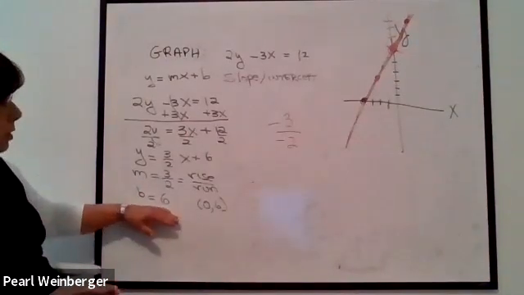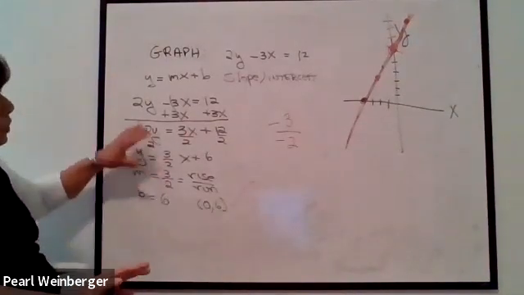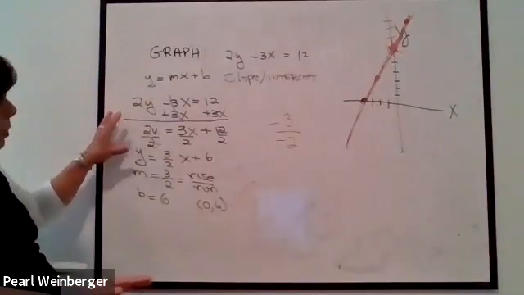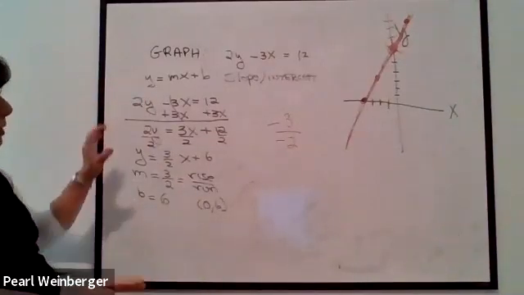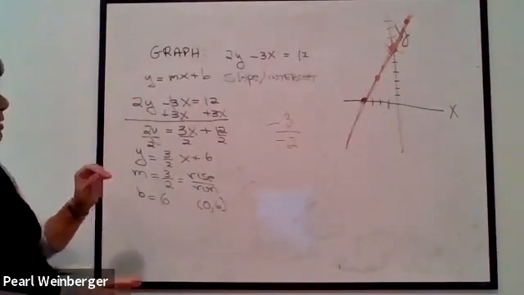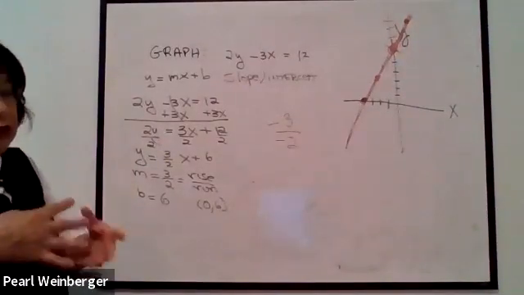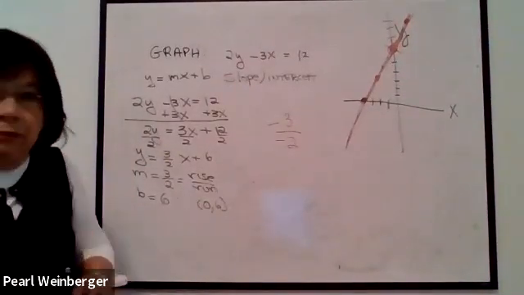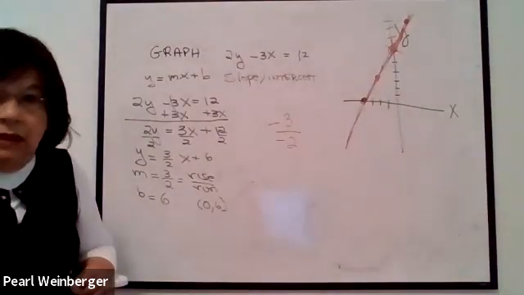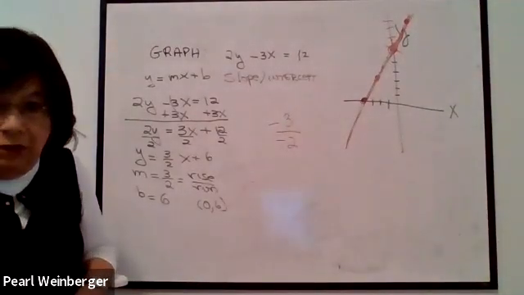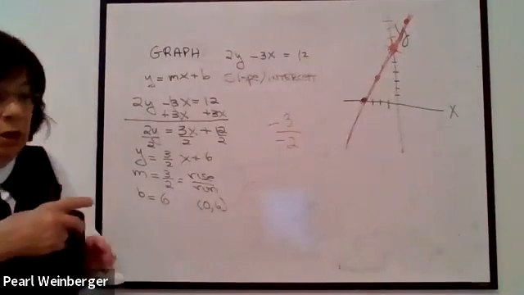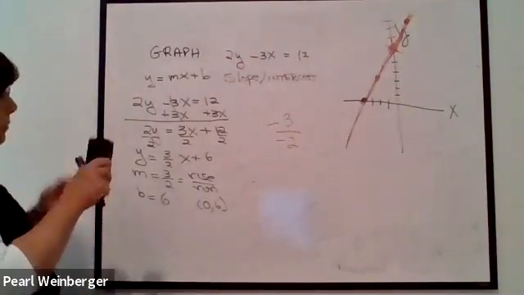Let me just talk about one other thing that I could have talked about on this line, and just talk about it in general terms, and then we're going to spend a little bit more time discussing the slope, because the slope is really a very important concept that we have to look at.